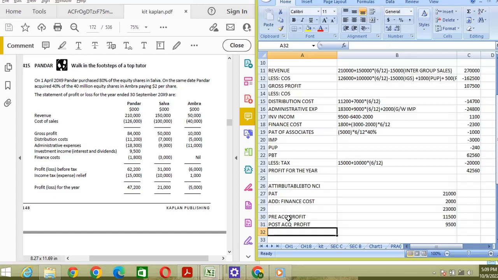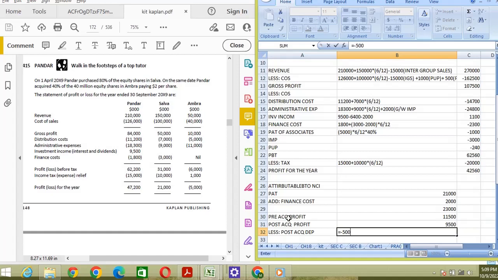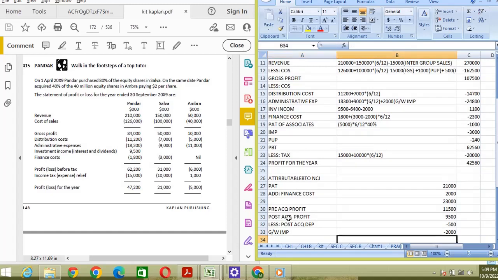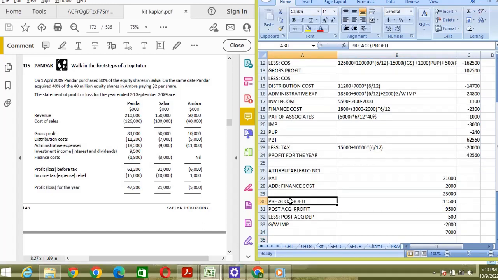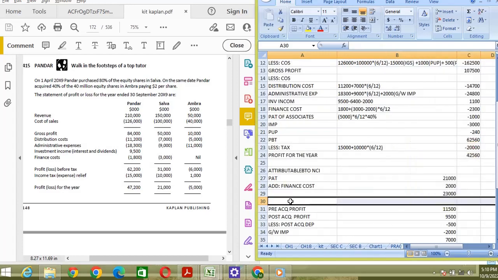Then we will subtract a few things. The first one is post-acquisition depreciation, that is 500, and then goodwill impairment, and the amount was 2,000. So what is the revised profit now? This plus this plus this, 7,000.